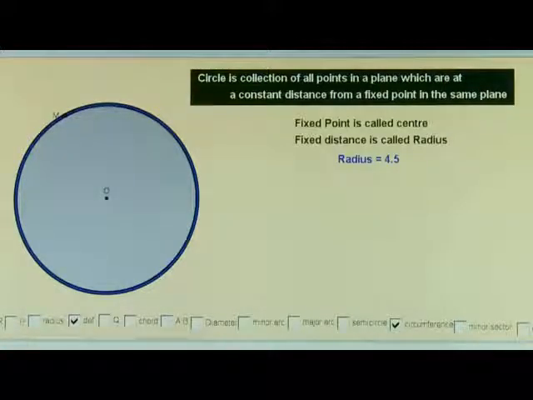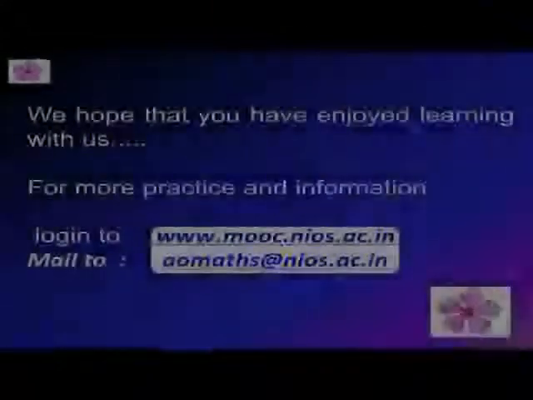The total length covered by point M is known as the circumference of the circle. Hence, the length of the boundary of a circle is known as the circumference of the circle.